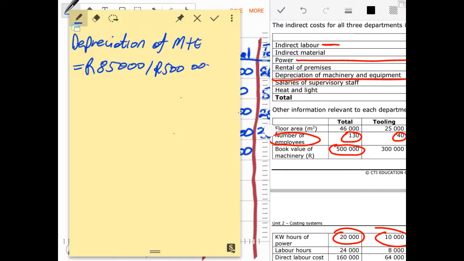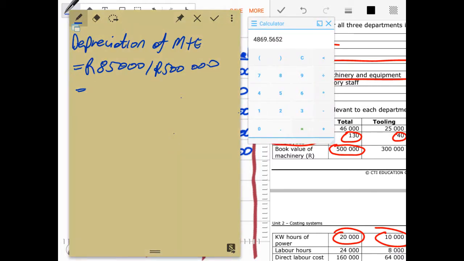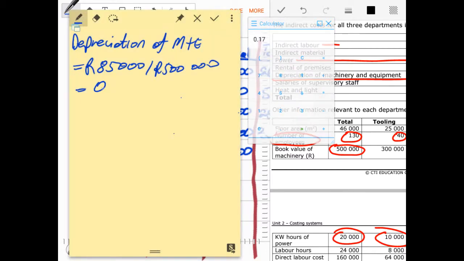So 85,000 rands divided by 500,000 rands gives us 0.17, which is equal to 17% per machine.